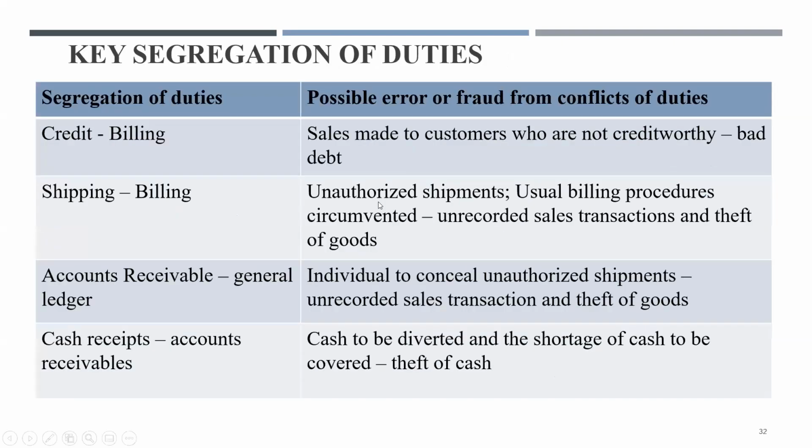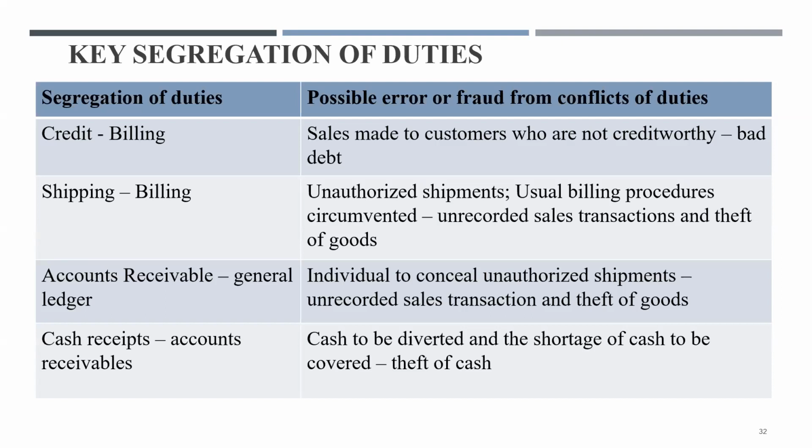And also in internal control, as we always mention, segregation of duties is very important, right? So in theory, incompatible roles are not done by the same person. But in the sales cycle, what types of duties are not compatible? Credit check and billing conceptually couldn't be done by the same person.